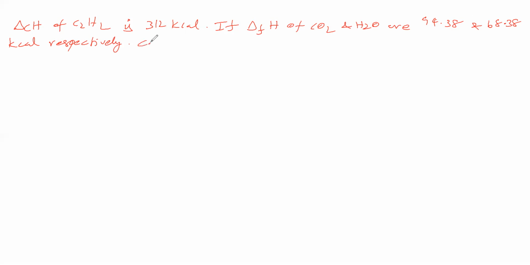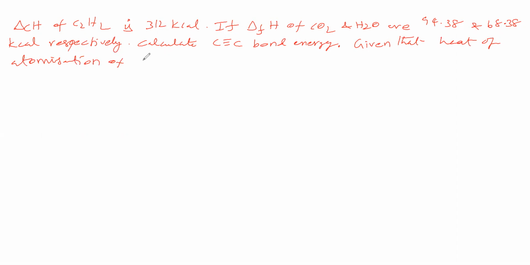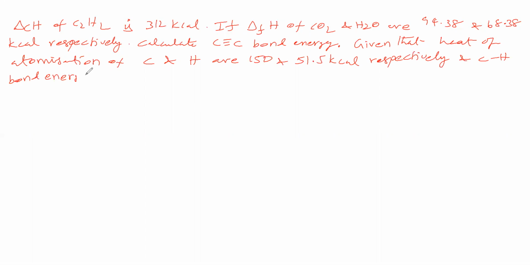Calculate the C≡C triple bond energy, given that the heat of atomization of carbon and hydrogen are 150 and 51.5 kilocalories respectively, and the C–H bond energy is 93.64 kilocalories.